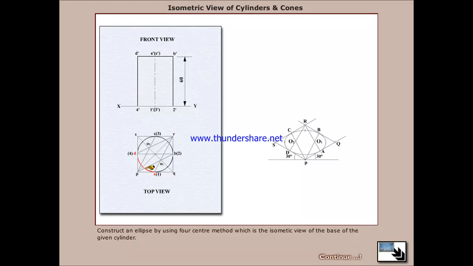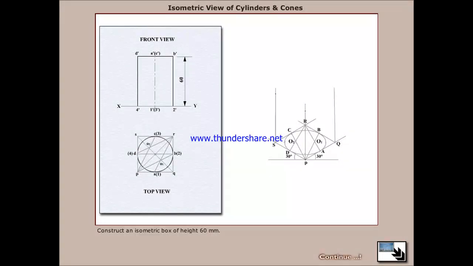This we can call the four center method. These lines intersect at O1, O2. From O1 as center and O2 as center, you can draw arcs from the different centers. You may get the isometric view of the given object.